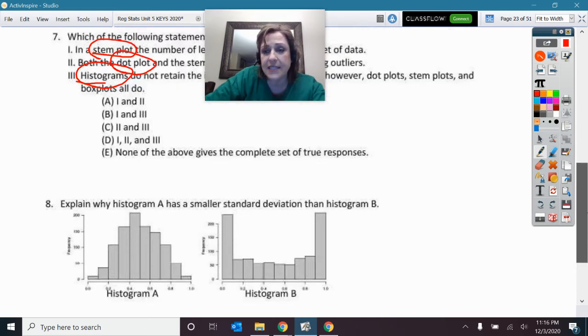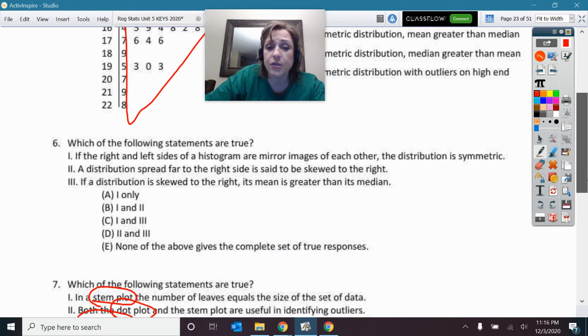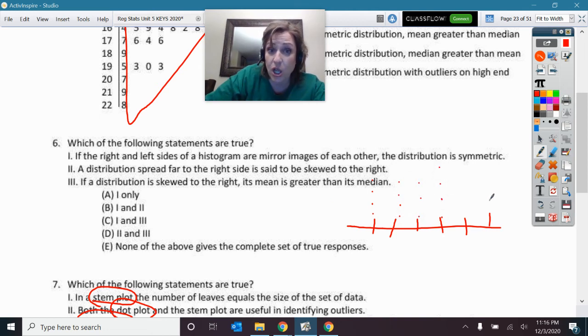With stem plots, here's a stem and leaf plot, and you are able to see what the individual pieces of data are. Also, for a dot plot, you would have like 61, 62, 63, 64, 65, 66. So in essence, you actually can tell what the individual pieces of data are on dot plots as well.